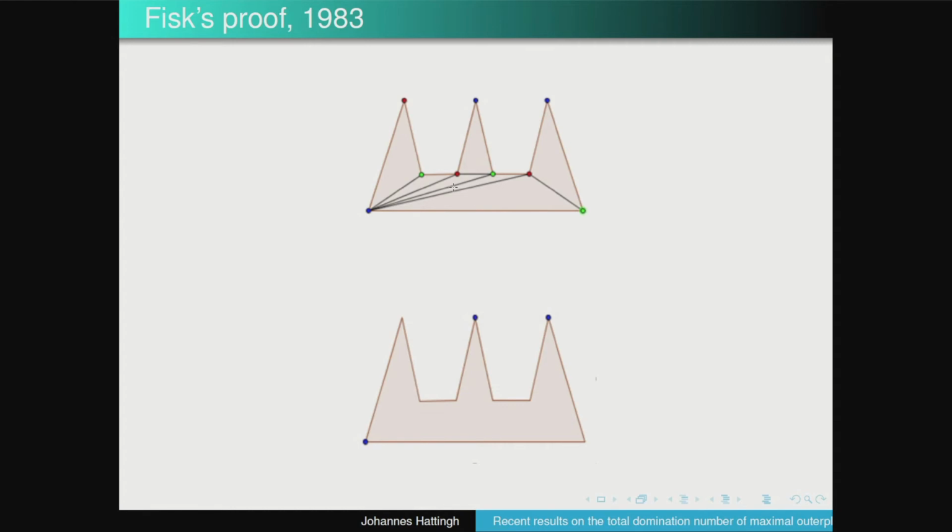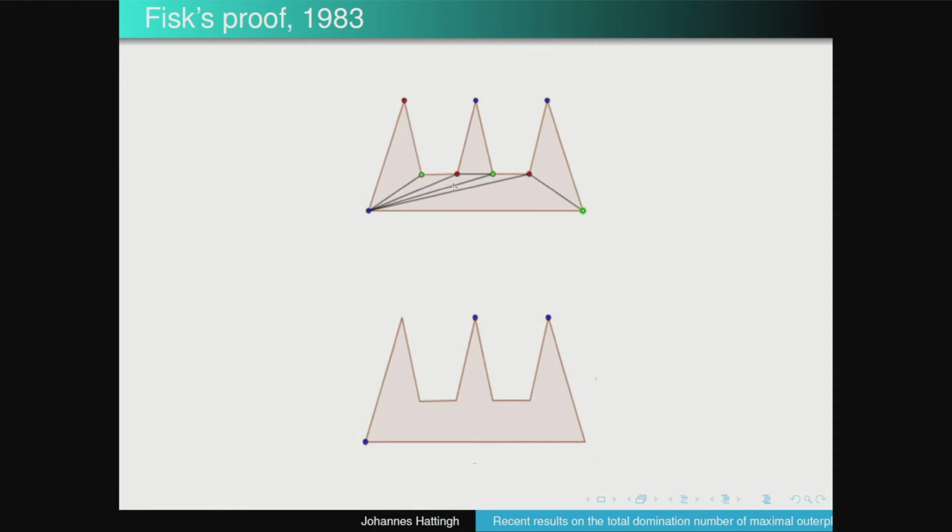Then at least one of those color sets will have cardinality at most the floor of n over 3. You translate that back to the art gallery, and that shows that you need at most the floor of n over 3 guards to guard any art gallery.